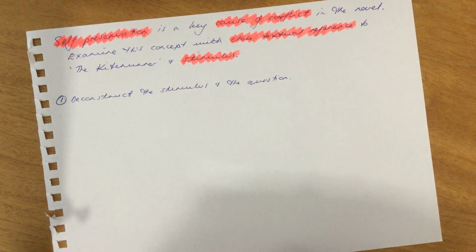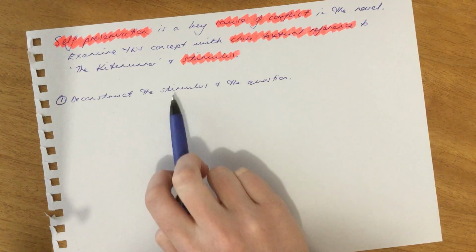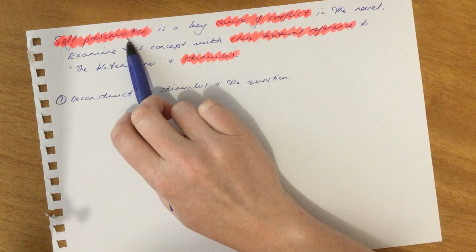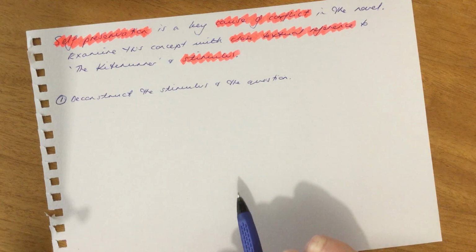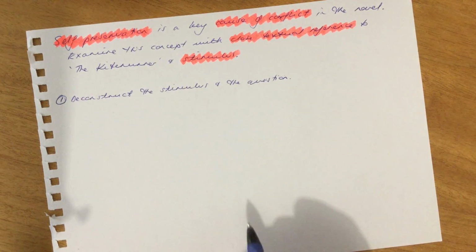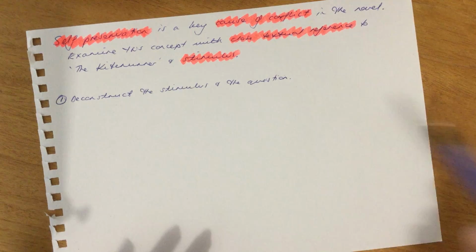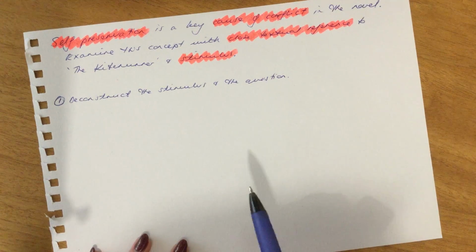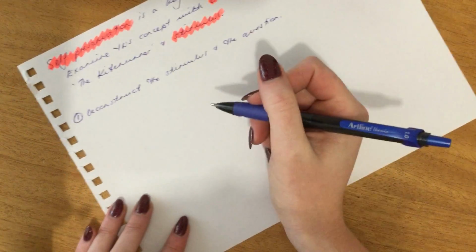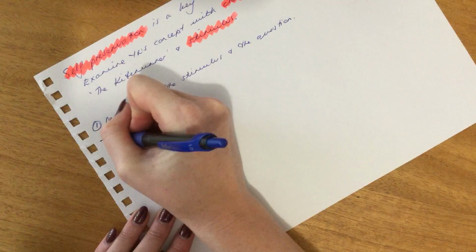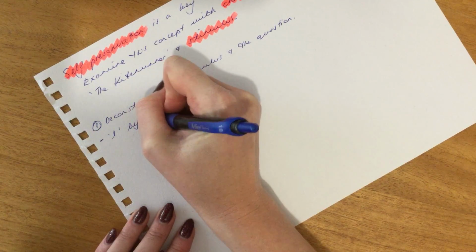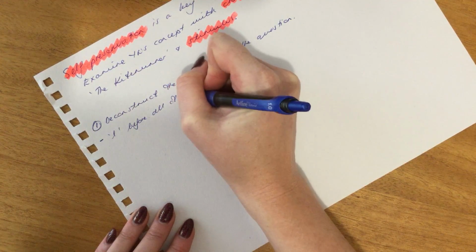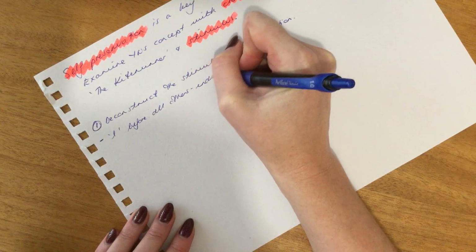What you then want to be thinking about is deconstructing your stimulus as well as the question. This is to make sense of what the question's really asking you and then relate it to some of the core ideas in the stimulus. So, for example, it's just an easy brainstorm with the terms that you have perhaps just highlighted. You might be thinking of things like self-preservation in relation to the "I before all others", so individuals are looking out for themselves.